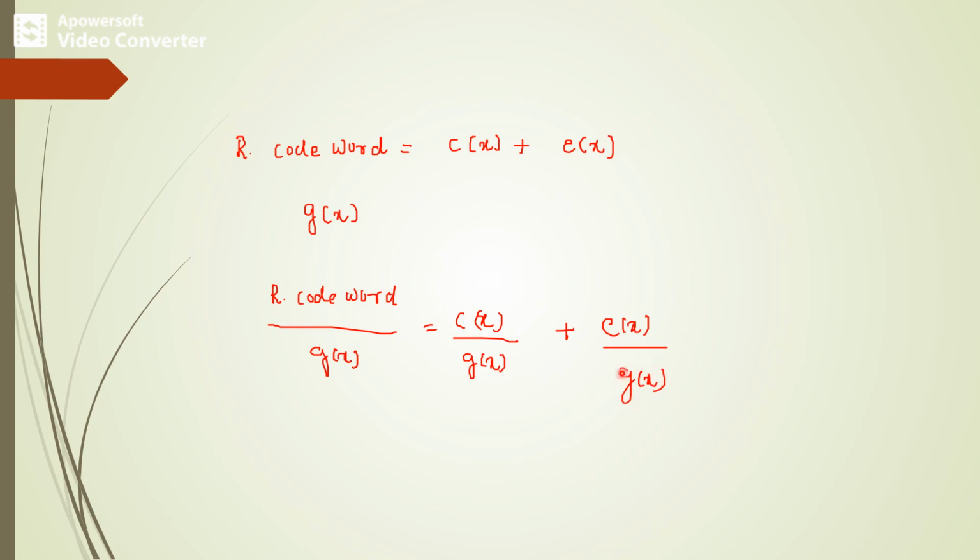That means we cannot identify the error if e of x divided by g of x gives 0. If it is divisible, such errors are not caught at the decoder at the destination site.